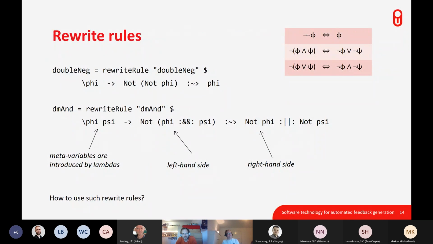The thing that I'm writing here is just an anonymous function. If I take the De Morgan and rule, for instance, the thing that I'm defining there is an anonymous function that takes 2 parameters, a phi and a psi. And based on this, it produces a result. That's the thing on the right-hand side. The lambda is just a notation for an anonymous function that you can also use in Java, for instance. But it's just a function.